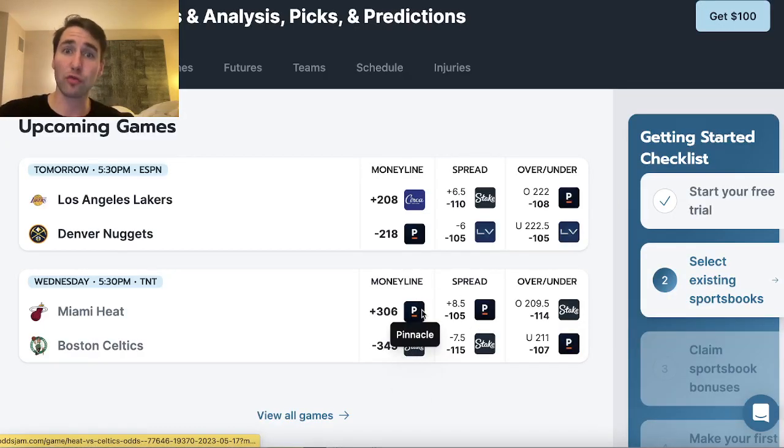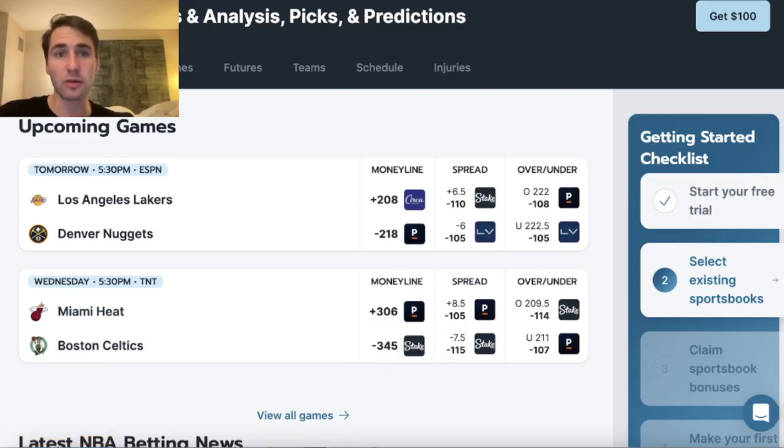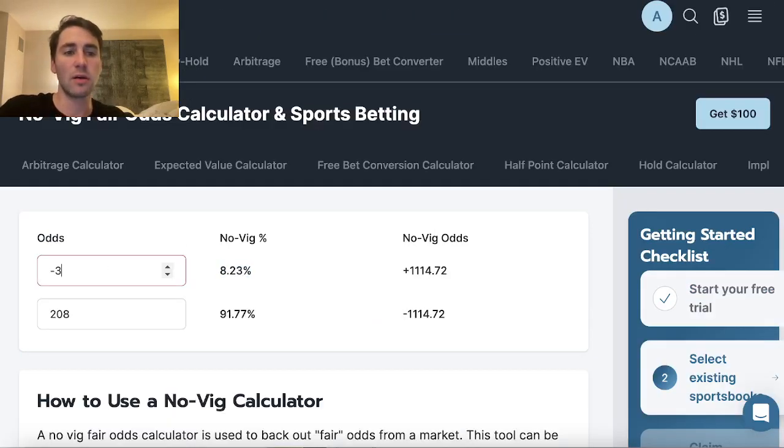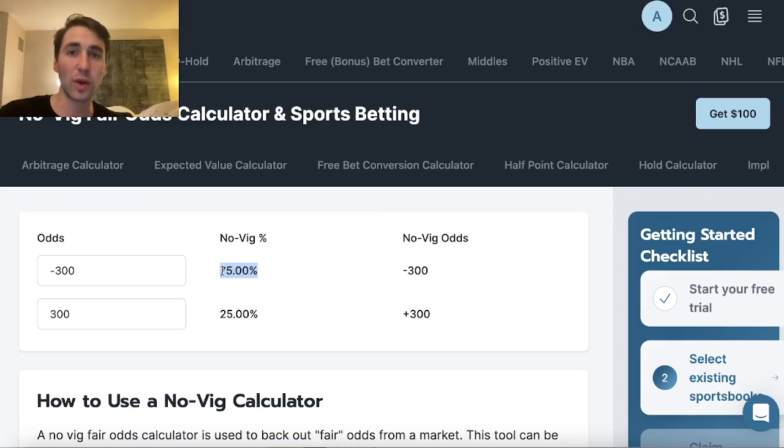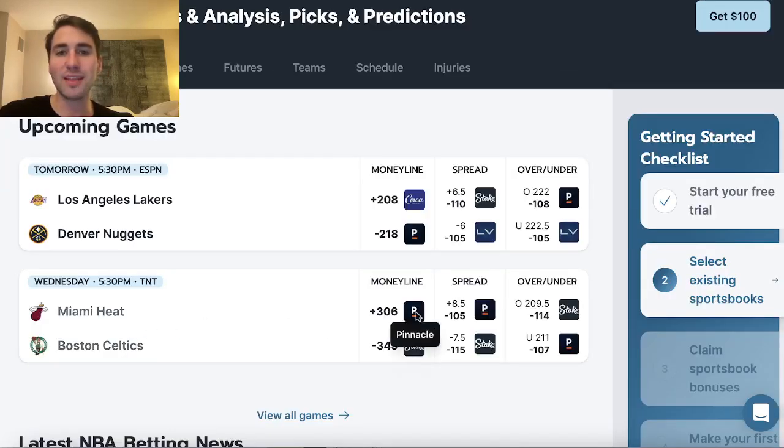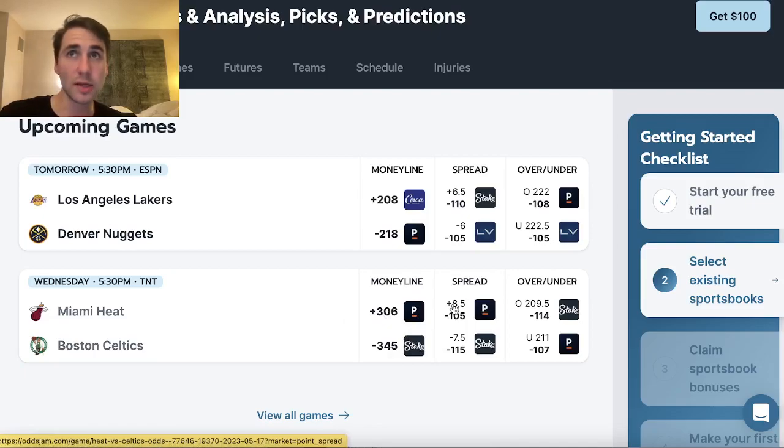Now for the Celtics, they're even bigger favorites. They're bigger than 3-1 betting favorites, right? Minus 300 means a 3-1 betting favorite, 3/4 to win, 75% to win. So if the Celtics were exactly minus 300, they'd be 75% to win this game, and that would mean the Heat are 3-1 underdogs, 1/4 to win, 25%.